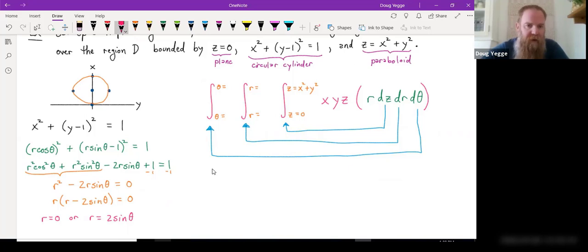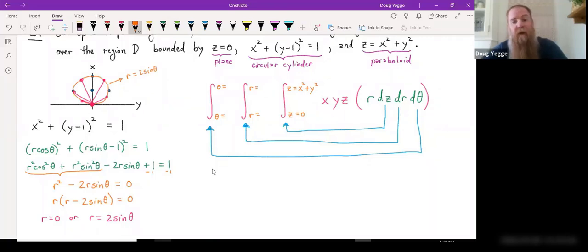That means that either r is 0, which means the origin, or r is going to end, depending on what the angle is, at this orange circle. So notice that as I rotate around, I'm eventually going to hit every single one of these points on this circle. And so this circle is referred to as the circle r equals 2 sine theta.